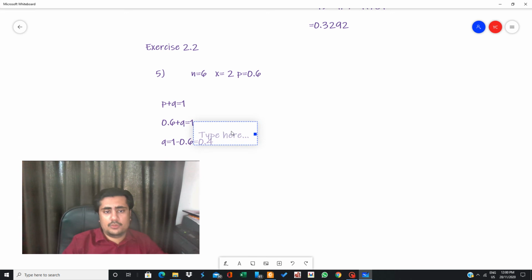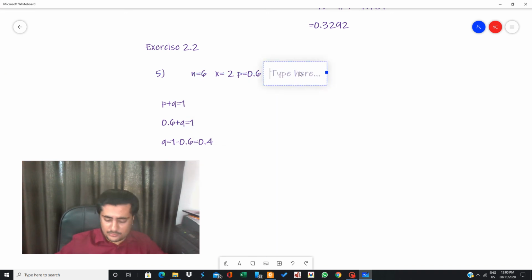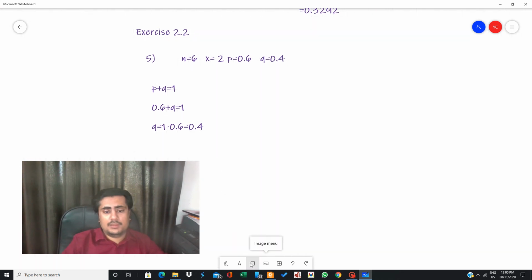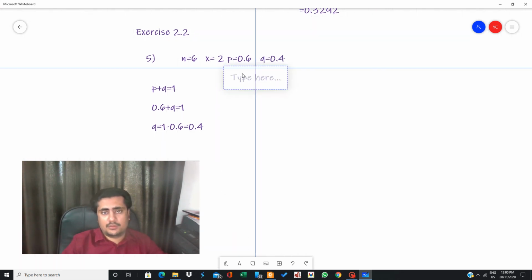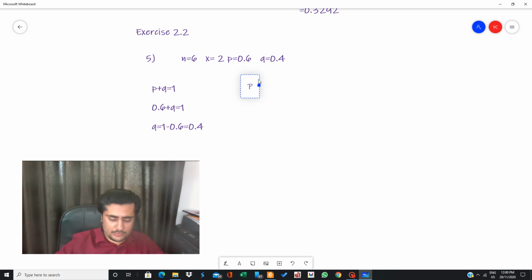So now you have all four things: you have n, x, p, and q. Now I want to find the solution. So P of x is nCx p raised to x q raised to n minus x.